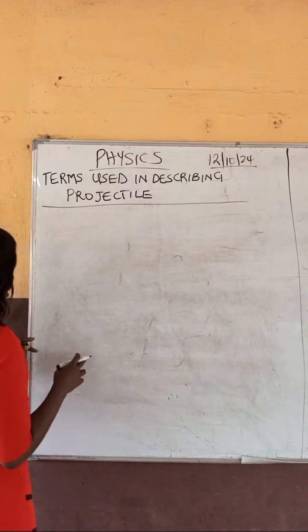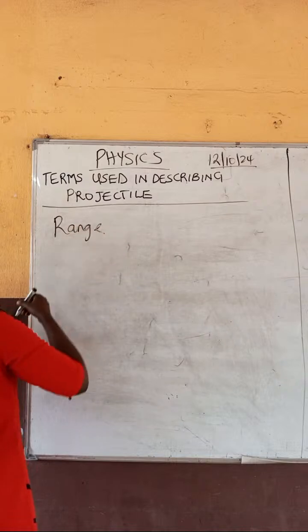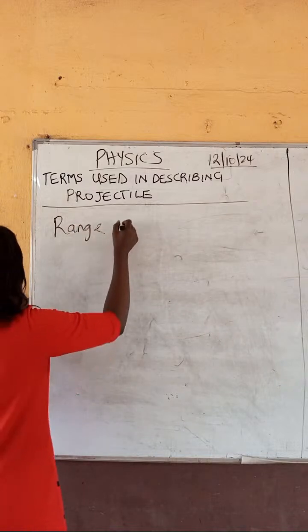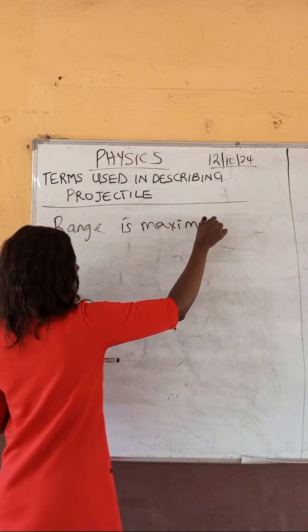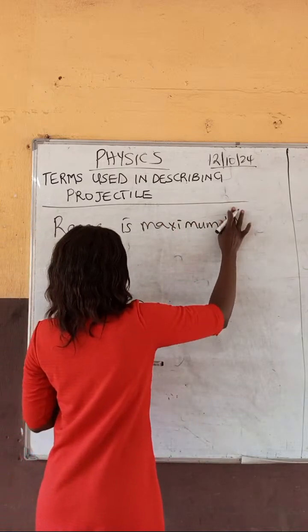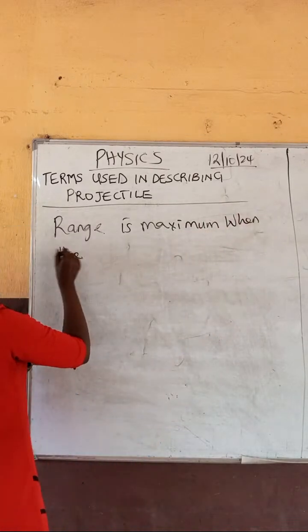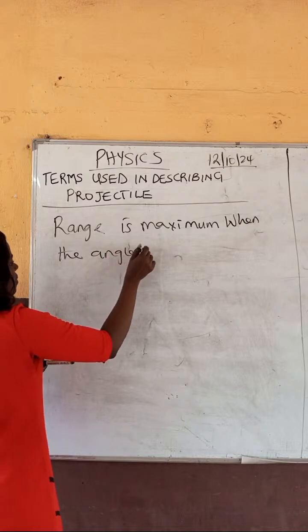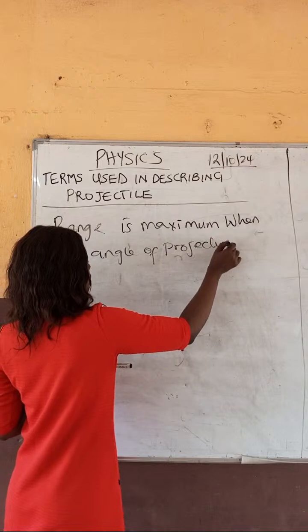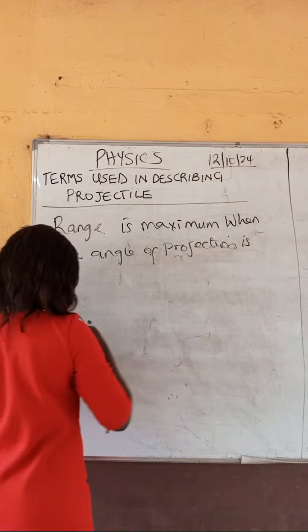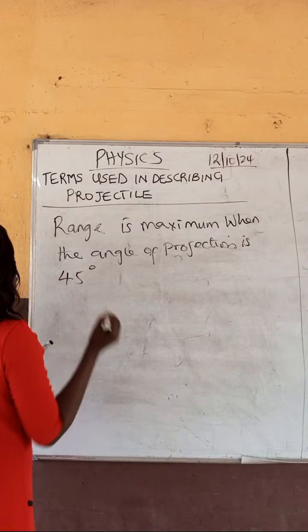So let's proceed. Now, range is maximum when the angle of projection is 45 degrees.